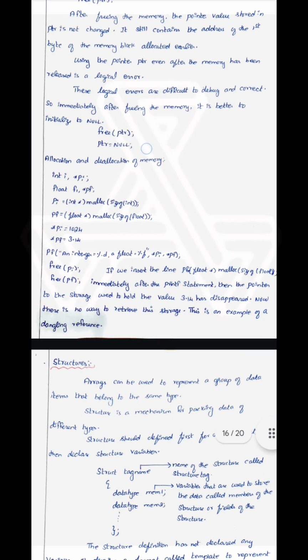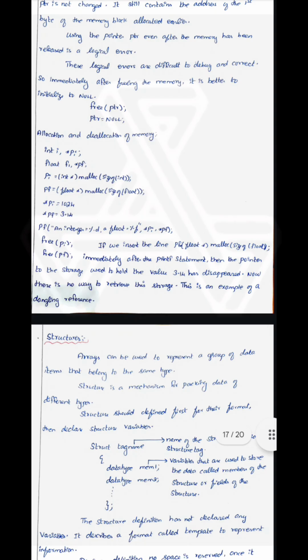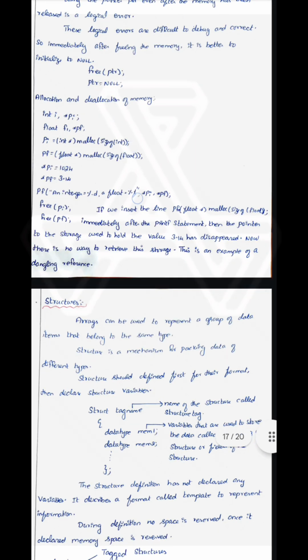then the pointer to the storage used to hold the value 3.14 has disappeared. Now there is no way to retrieve this information. This is an example of a dangling reference.